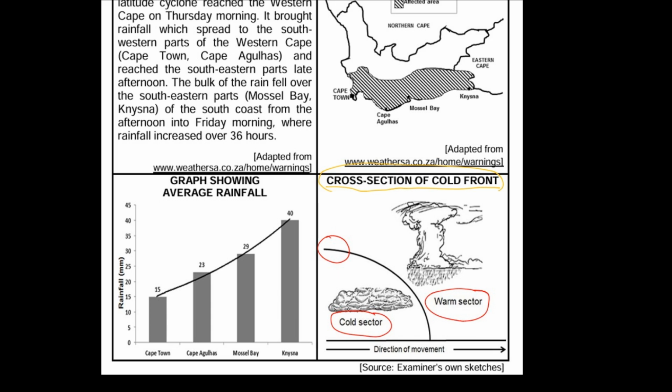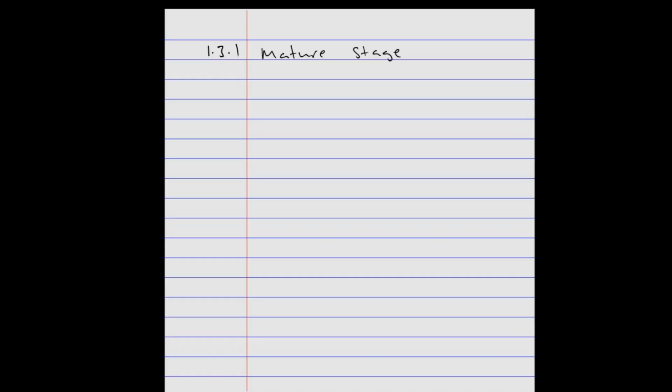The cyclone has a well-developed cold sector. We can see cumulonimbus clouds. This all shows that the cyclone is in the mature stage. The initial stage does not have all these features. The cyclone will just be starting.